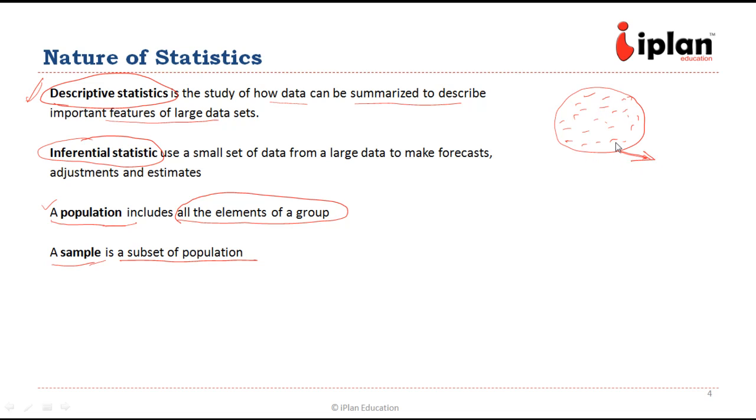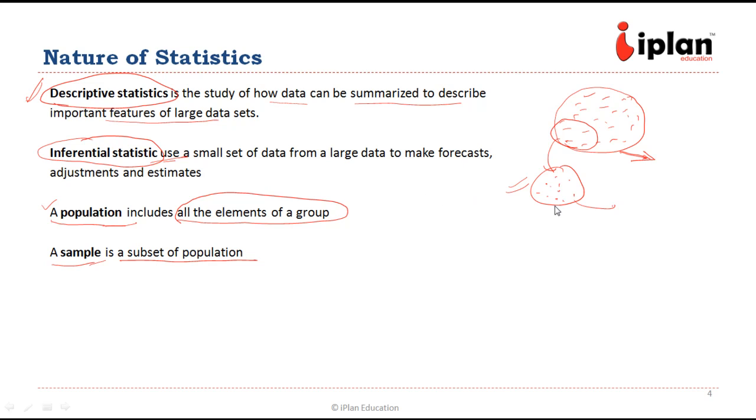So population is important in descriptive statistics, whereas in inferential statistics we just take a small sample and based on the values of the sample itself we try to infer what should be the nature of the whole population. This kind of statistics is called inferential statistics. This is based on estimates.